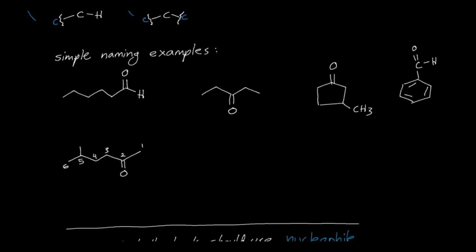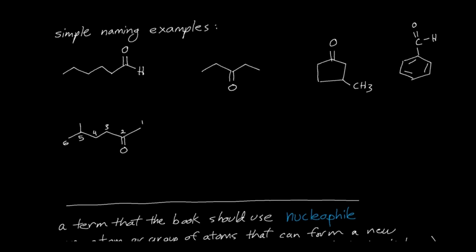Some simple examples of naming. So, aldehydes end in al. Ketones end in one, O-N-E.